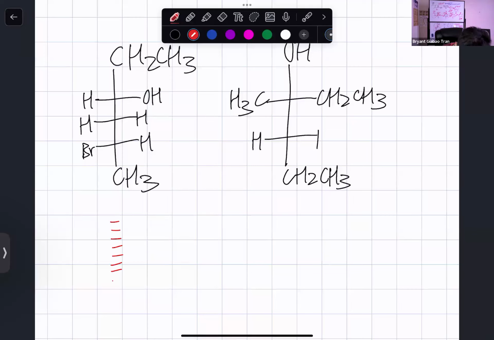And then think about the horizontal lines as all wedges. So I think of it as a person reaching out its arms for a hug. Like these are the arms reaching out towards you because it's facing out of the page for a hug. So that's the first thing I would do when assigning R and S for these Fisher projections.